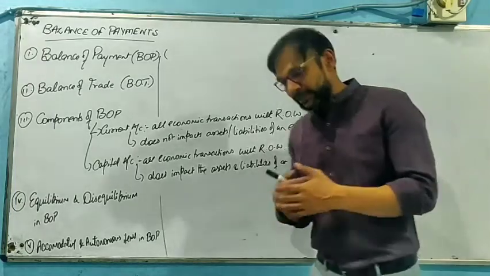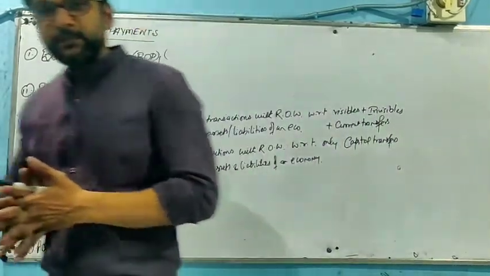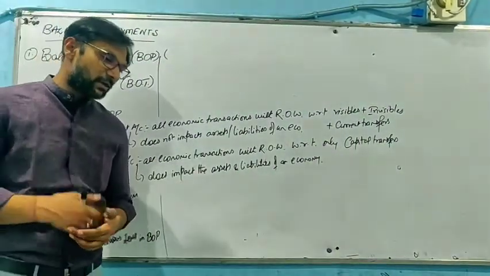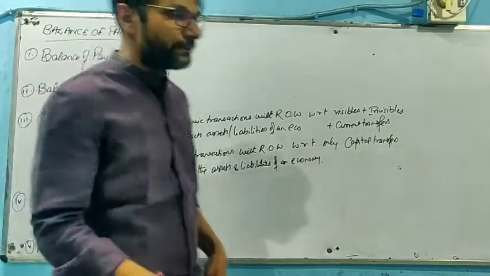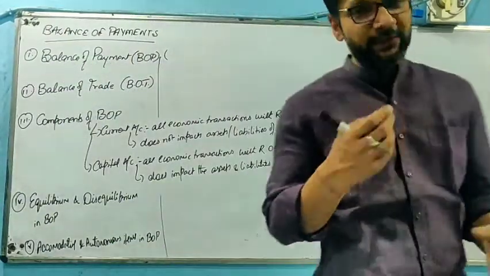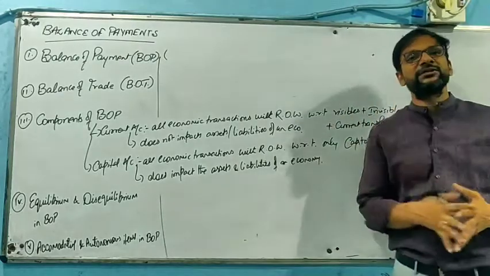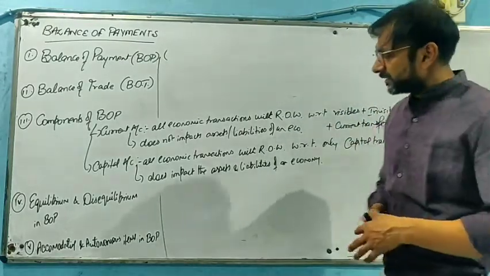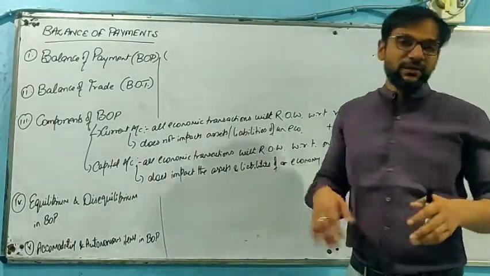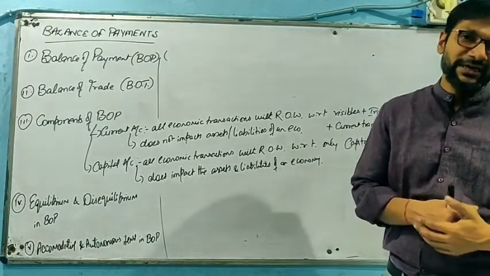Again, if our companies, for example Reliance, Tata, Bank of Baroda, State Bank of India, have made any foreign direct investment in nations abroad, they will impact the assets and liabilities of our economy, meaning India.